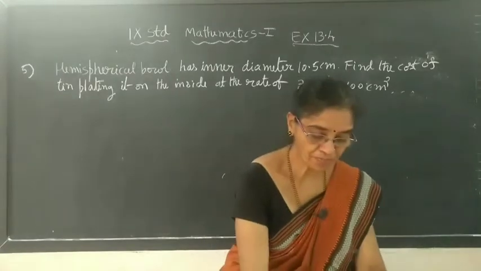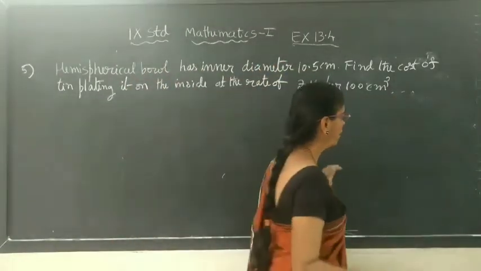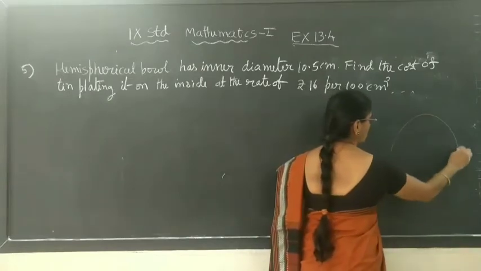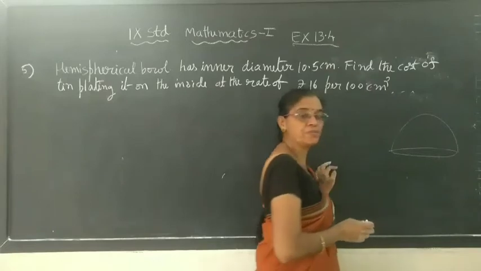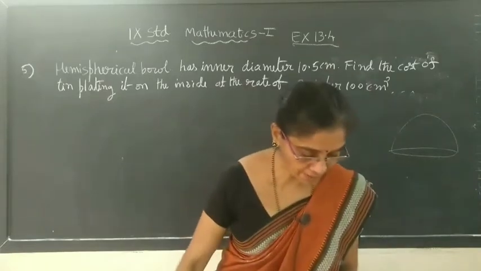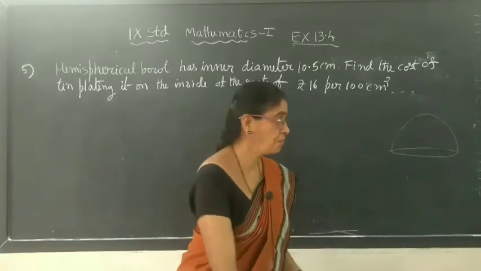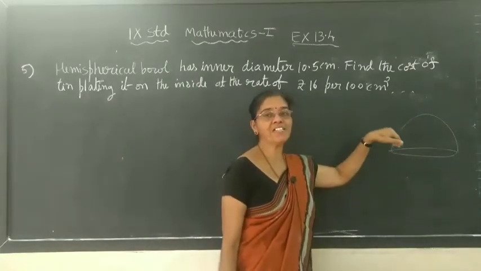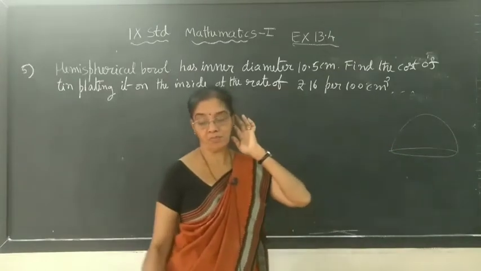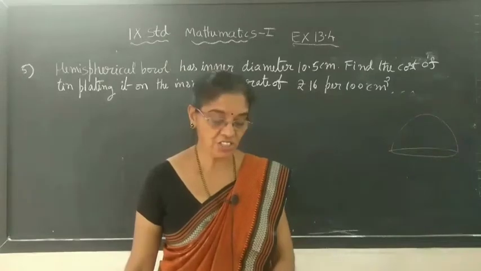Understood the problem? There is one hemispherical bowl. It is made up of brass, but they want to tin plate it inside, because brass when it reacts with the atmosphere, a greenish layer will form.